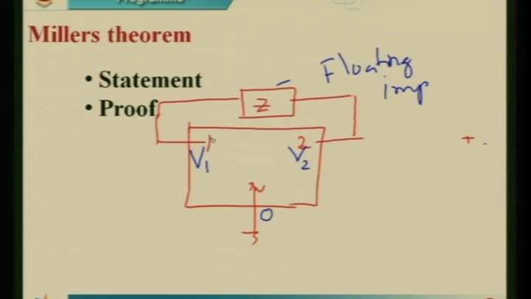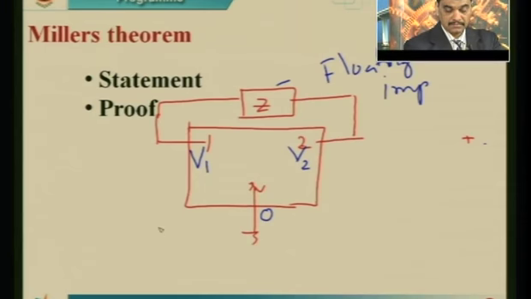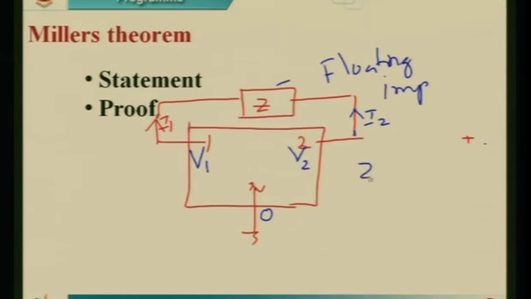The current I1 flows into node 1, and from node V2 the current I2 leaves the node. Now we need to find the equivalent impedance. According to Ohm's law, Z1 is equal to the voltage at node 1 divided by the current.